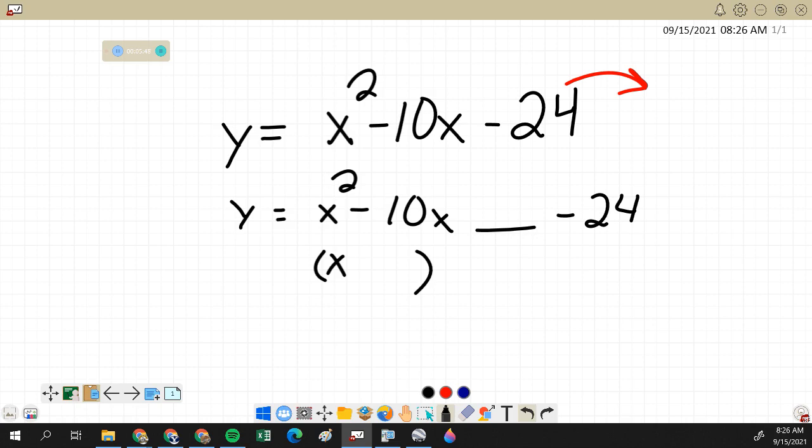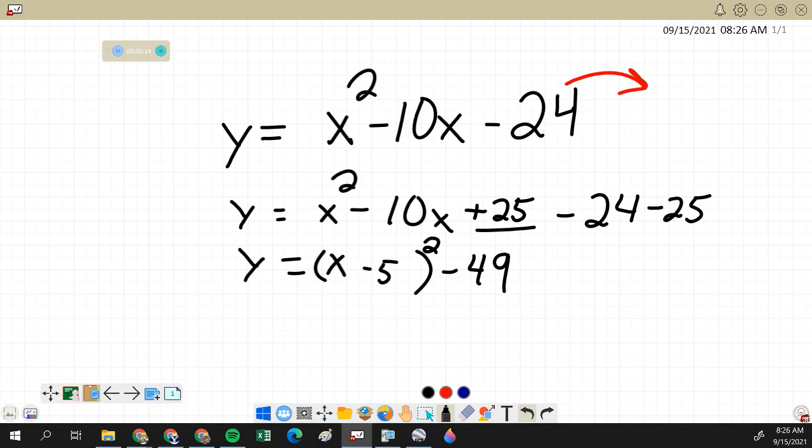What goes in the factor? Negative 5. And then I square it, which means this was plus 25. But now the equation is unbalanced, so I have to undo that by subtracting 25. And I get this.